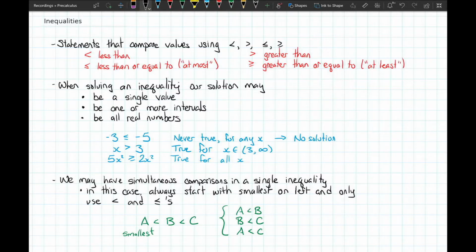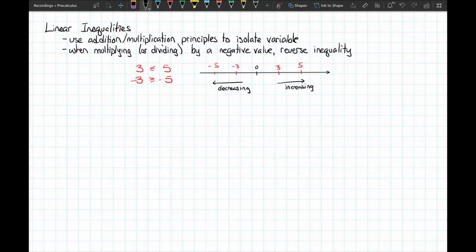Okay, let's take a look at the most basic kind of inequality first. Just like equations, we can talk about linear inequalities. With linear inequalities, much like linear equations, we're not going to see any exponents. We're only going to be seeing multiplication, addition, subtraction, that kind of thing.